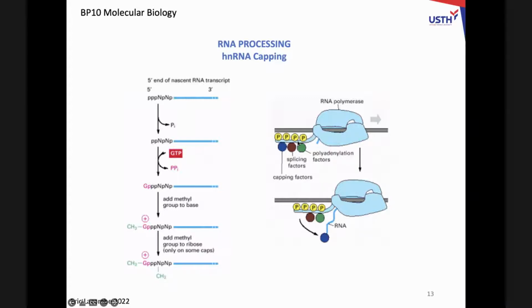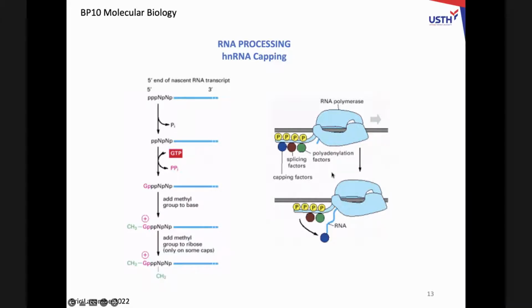This C-terminal tail needs to be phosphorylated to have RNA polymerase active, but it's also the site of interaction of plenty of other factors. And look at the names of those factors: the capping factors, the splicing factors, and the polyadenylation factors.